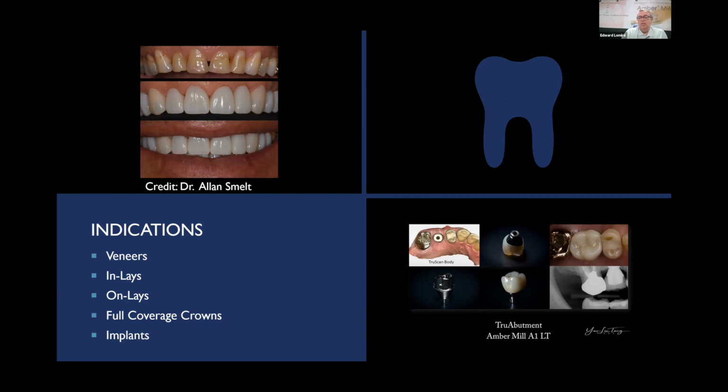And in the lower right corner here, Yo Ling, who's one of our ambassadors out on the West Coast, has provided a gorgeous implant, and you can see he had a milled titanium base in this case, and he milled out the AmberMill, and as he's telling you there, he did it with an A1 and utilized LT translucency.